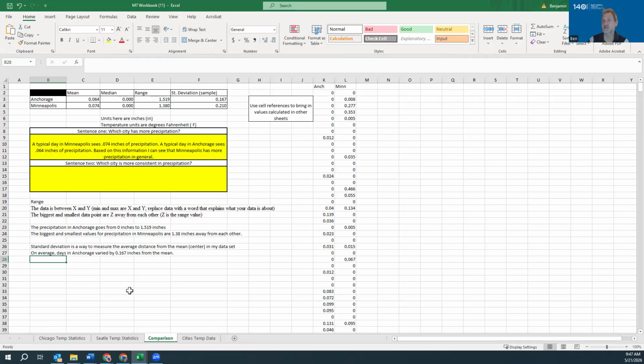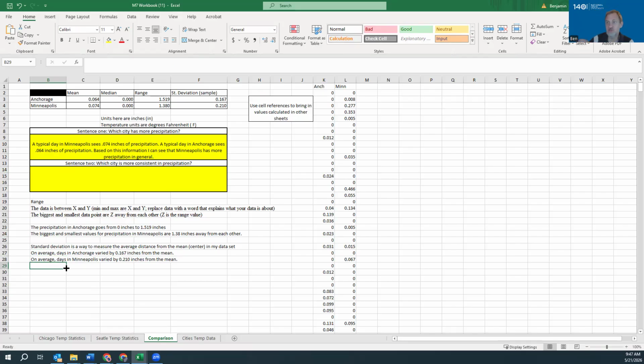And then I could say something similar for Minneapolis. 0.210 inches from the mean, right? So we're talking about how far away on average these individual data points were from the center.